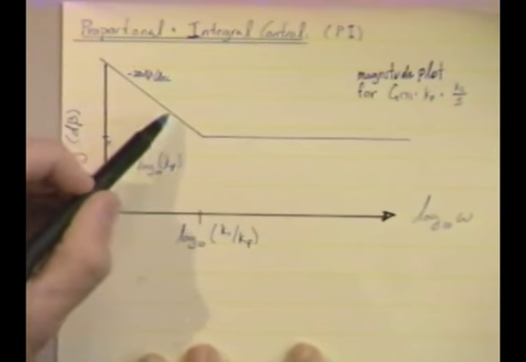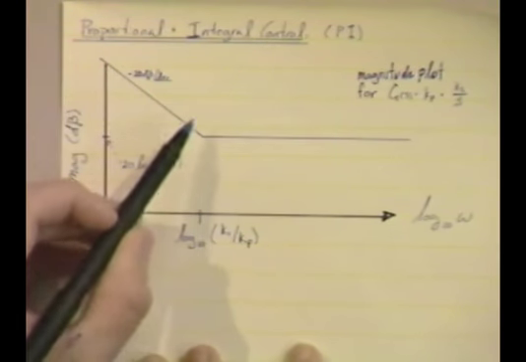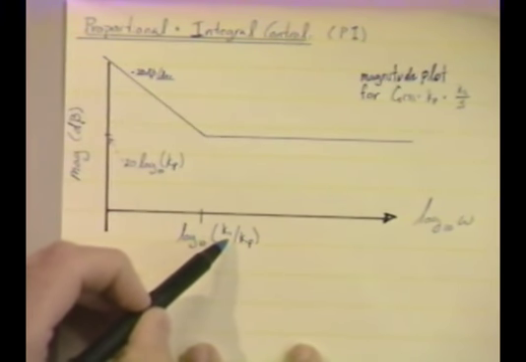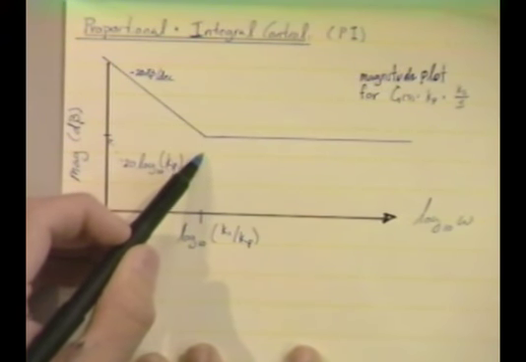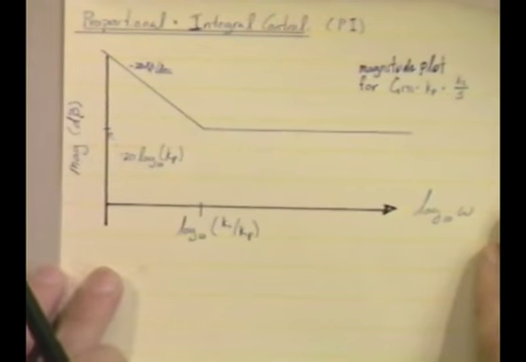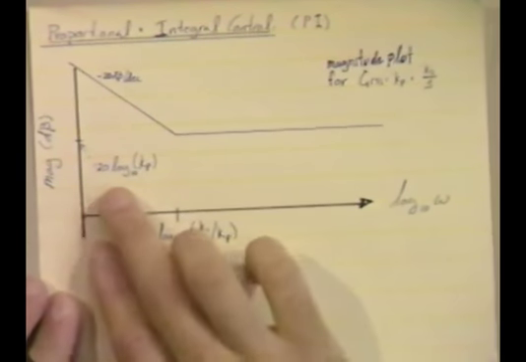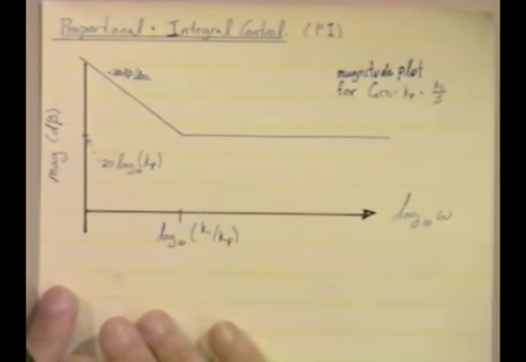So the transfer function rolls off from plus infinity at minus 20 dB per decade until you reach this frequency, k sub I over k sub p, the ratio of the controller gains, where you find a 0, which eventually cancels that roll-off and gives you a steady magnitude for frequencies above that. The high frequency limit is exactly kp for the magnitude.